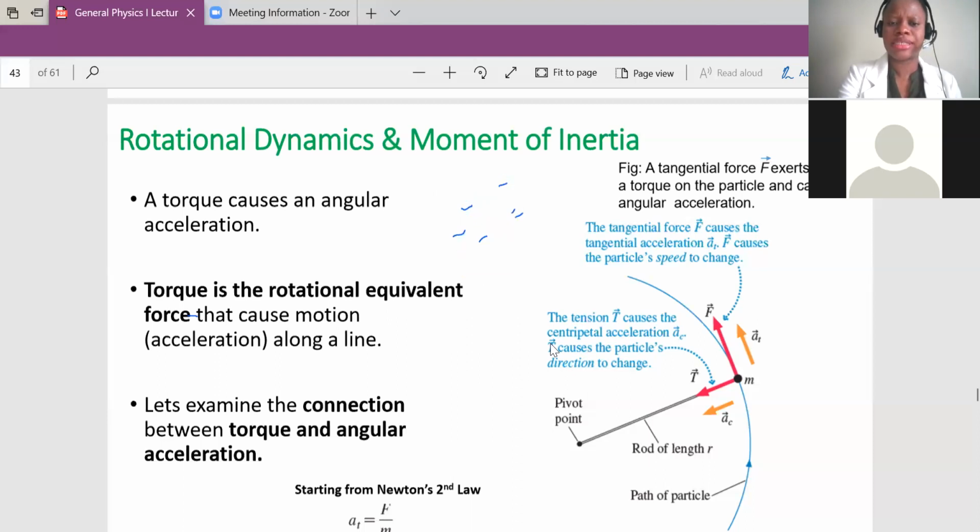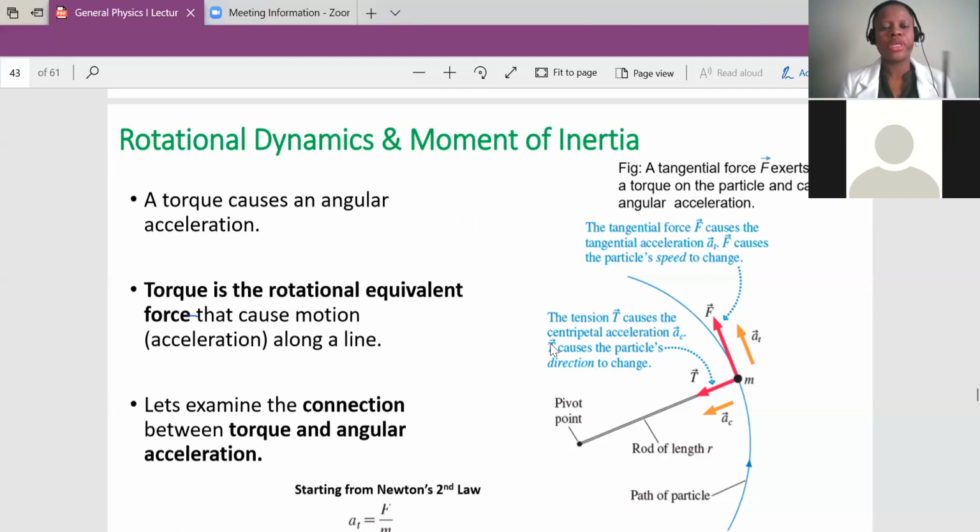We also saw in the last class the relationship between the tangential acceleration and angular acceleration. This is your tangential acceleration and this alpha is for angular acceleration. Okay, so I'm just reminding us because we'll be needing these two equations. Whenever we say we should recall this relationship, it should be on our fingertips.